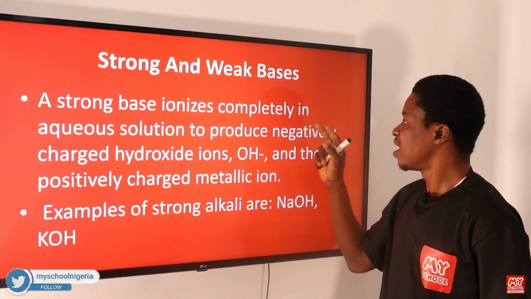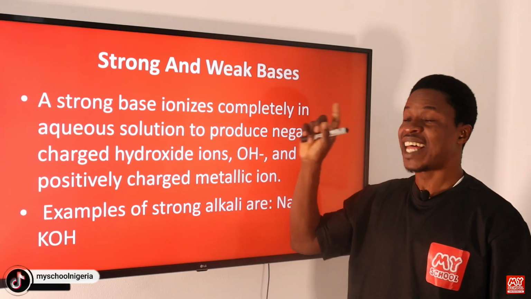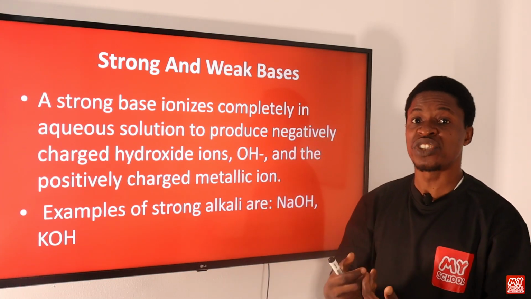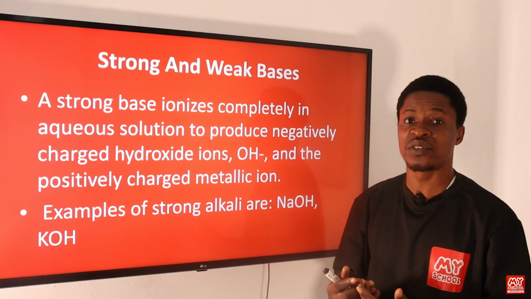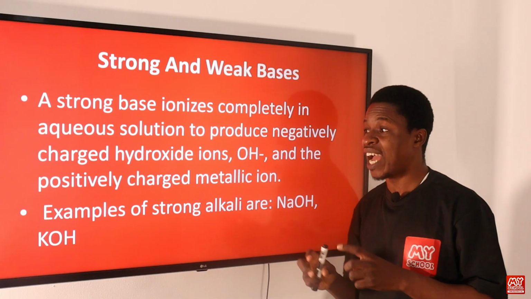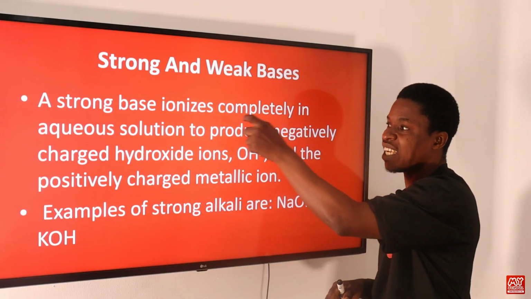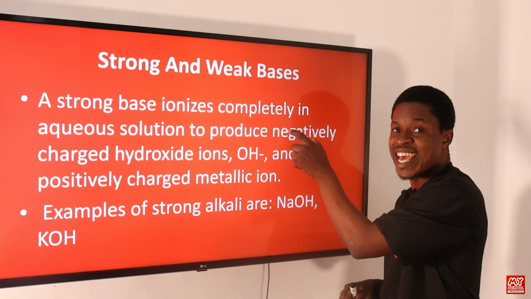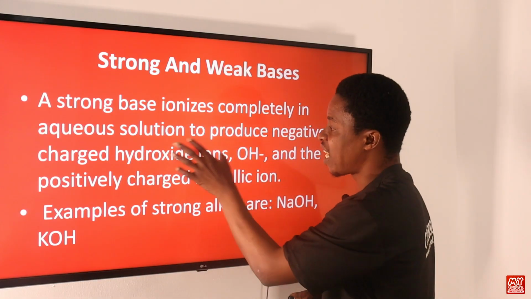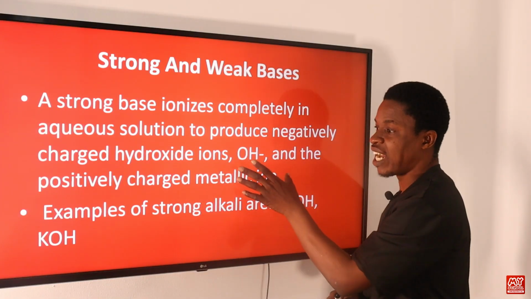Remember that a strong acid will dissociate completely when dissolved in water to form hydrogen ion. But a strong base will ionize completely in aqueous solution to produce negatively charged hydroxide ion, that is OH minus, and the positively charged metallic ion.